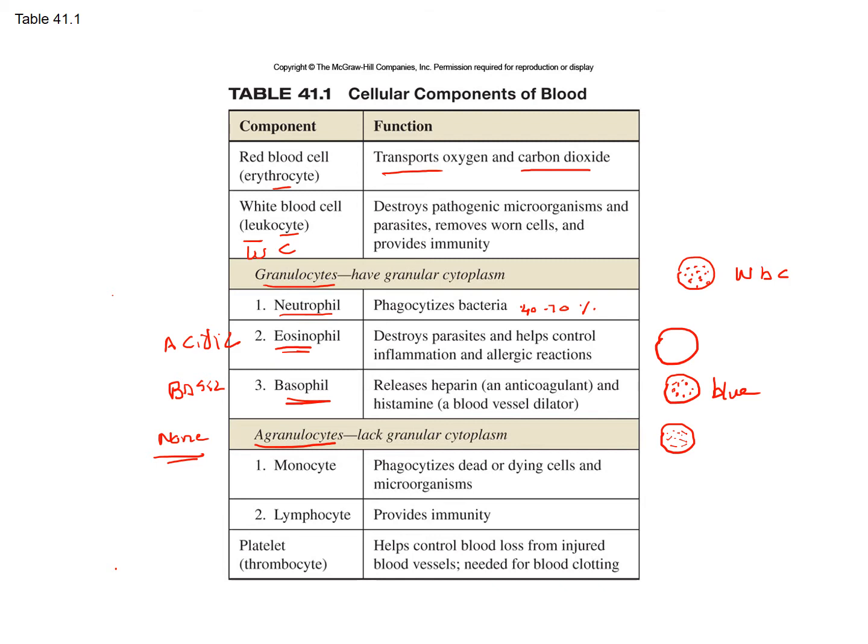And if it's stained with acidic dye, red, this will be the eosinophil. The other one has both blue and red inside the cytoplasm. That's why they call it neutrophil.